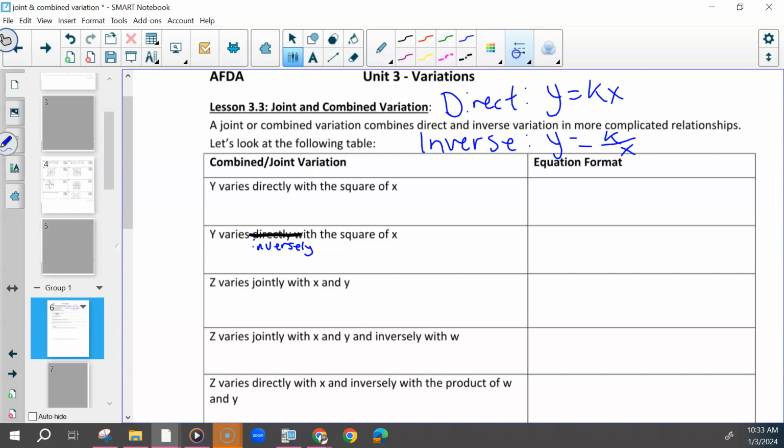So y varies directly. This is like the problems we were doing before break. Whatever comes first is going to be your equals. So y equals k, varies directly. So it's going to look like this, but instead of kx, it's going to be kx squared.